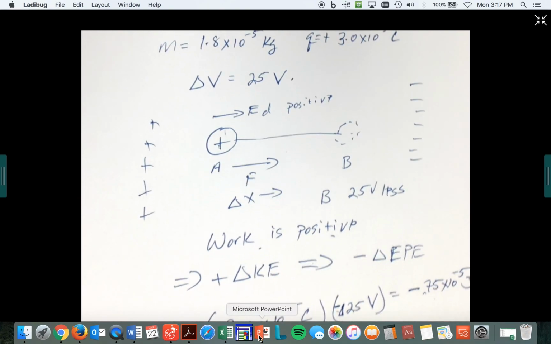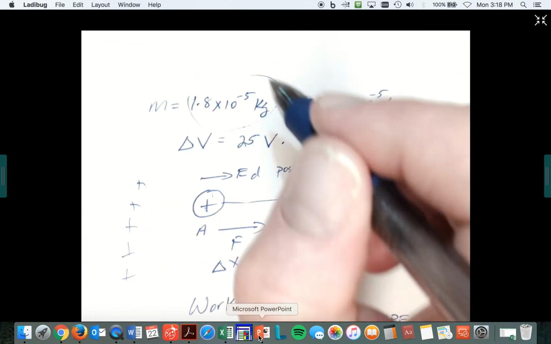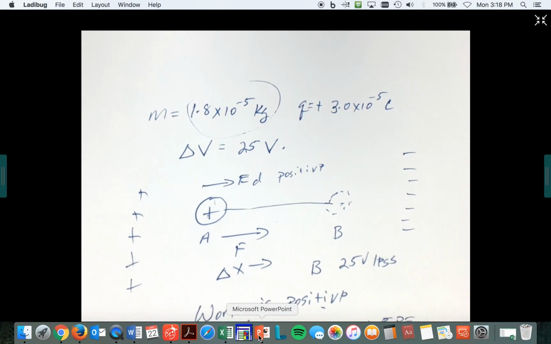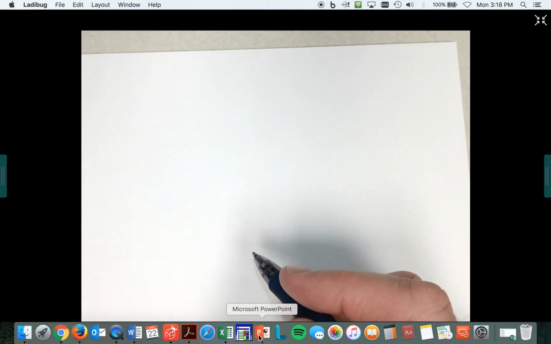Now, let's look at the negative charge. Let's say it's the same mass, same potential, but I'm going to put the negative charge here at B. I'm going to put a negative 3.0 times 10 to the negative 5 coulomb charge there at B. So what's going on here?